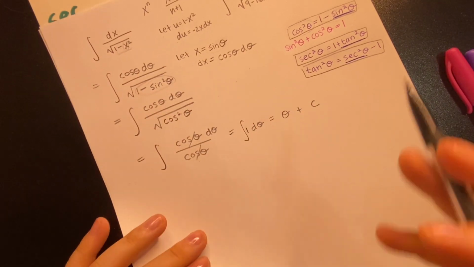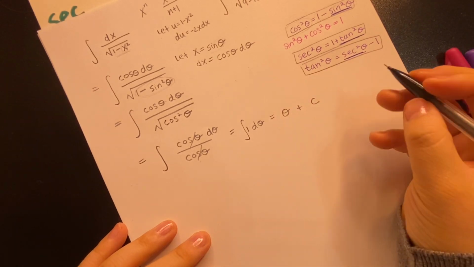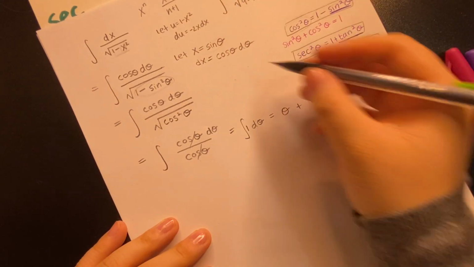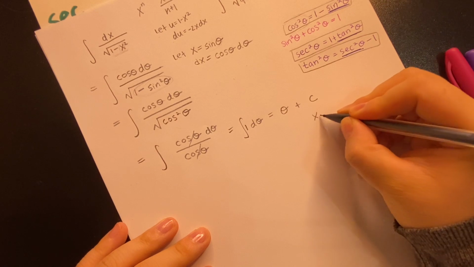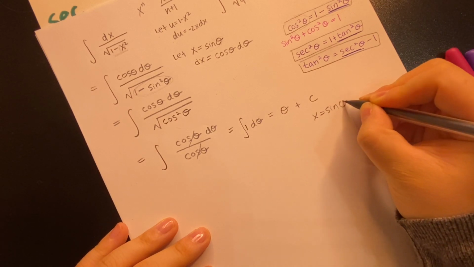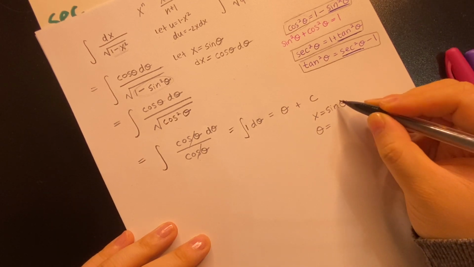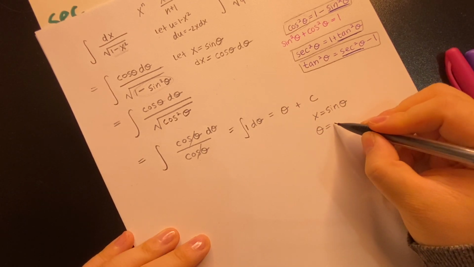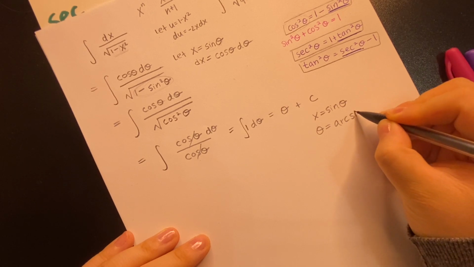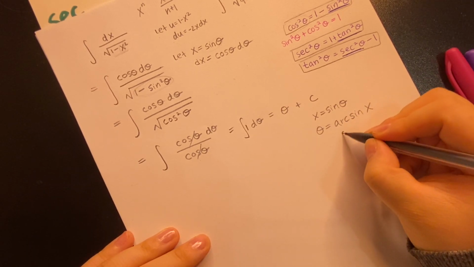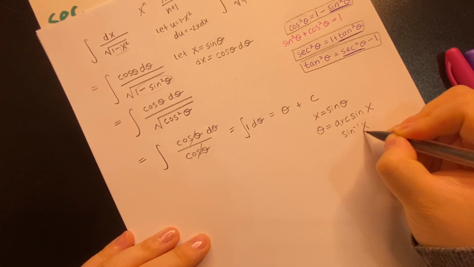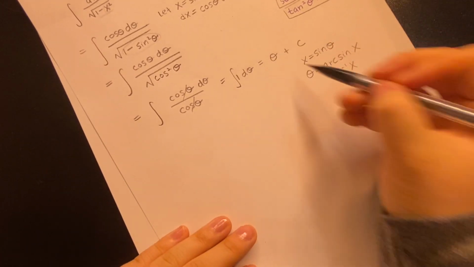So we want to convert theta in terms of x. How do we do that? Well, we have x equals sine theta, so theta is inverse sine x, arc sine x, or sine inverse x, whichever way you like to write it. But that's it.